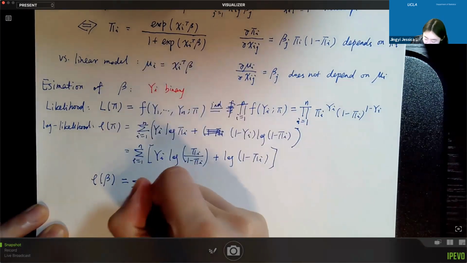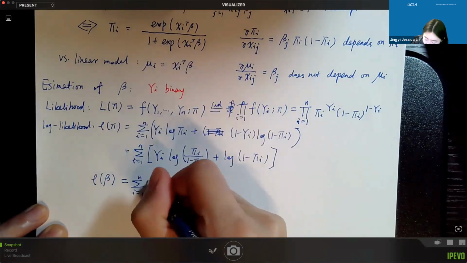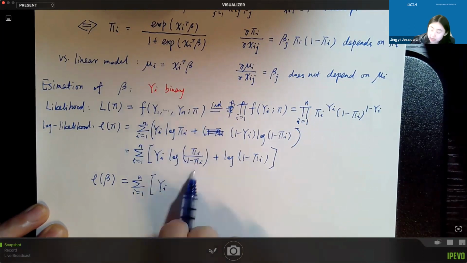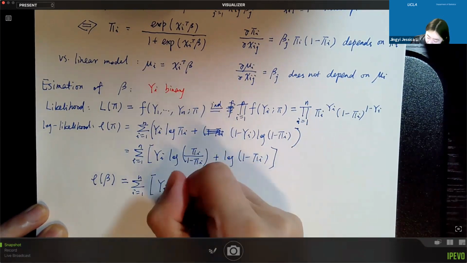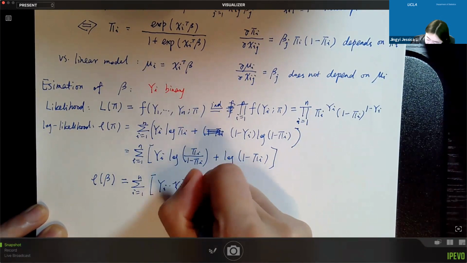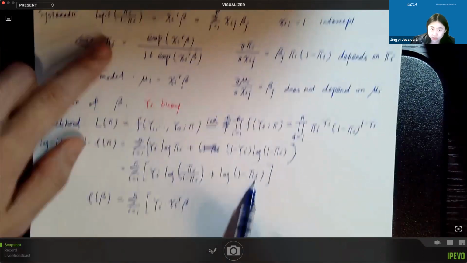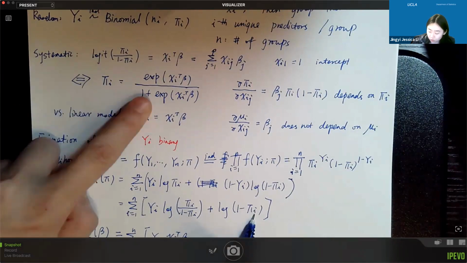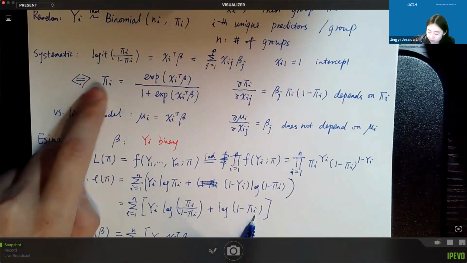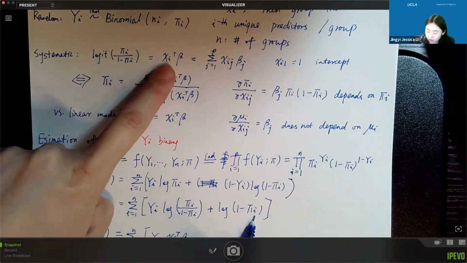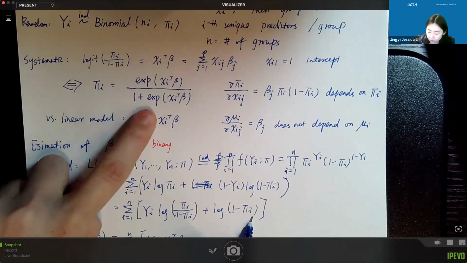And we know based on the systematic structure, this is just equal to xi transpose beta. Beta appears. And for this one, I'm going to use this equivalent expression: 1 minus pi i is equal to 1 over 1 plus exponential of this.